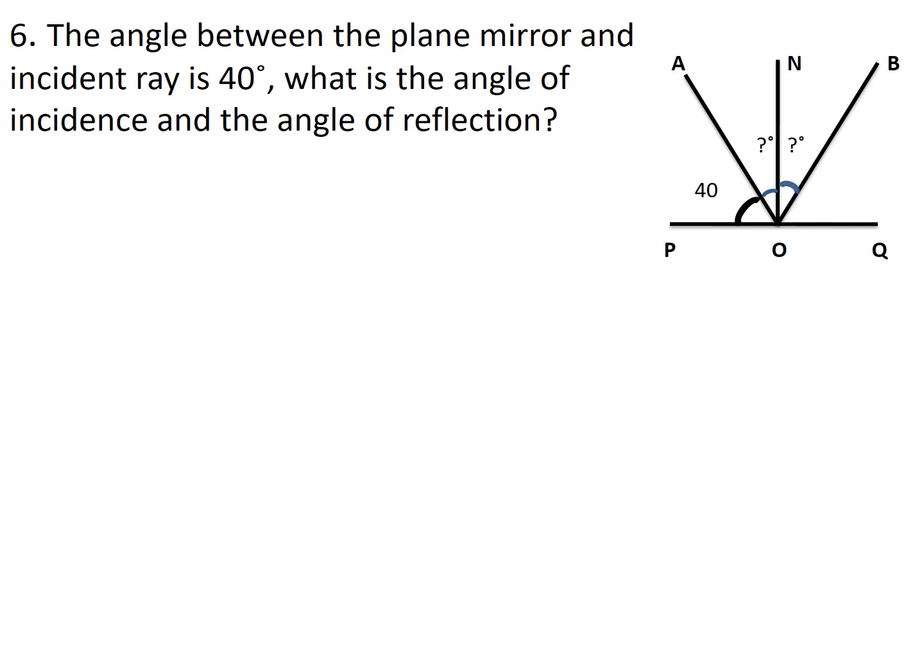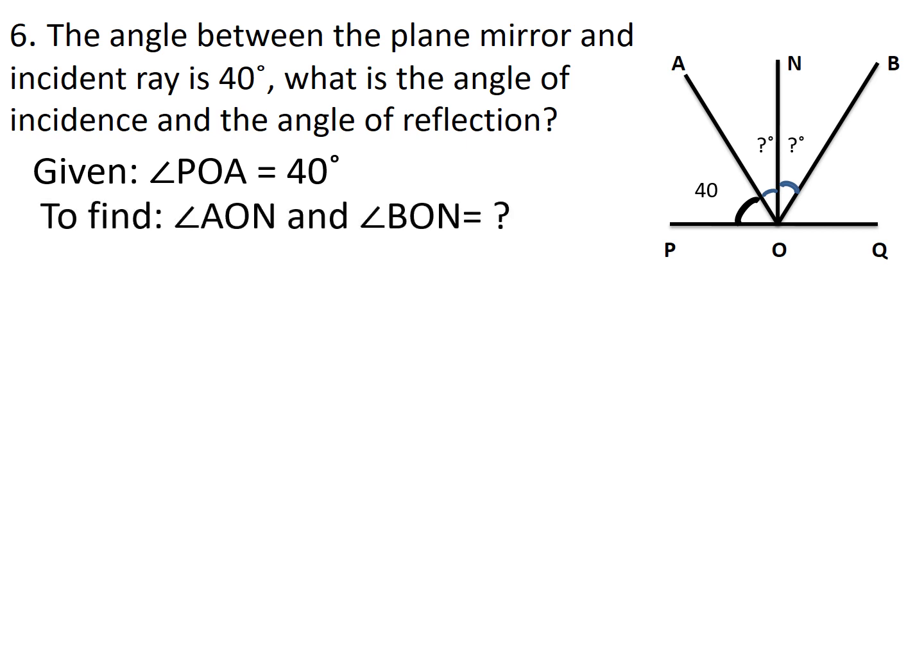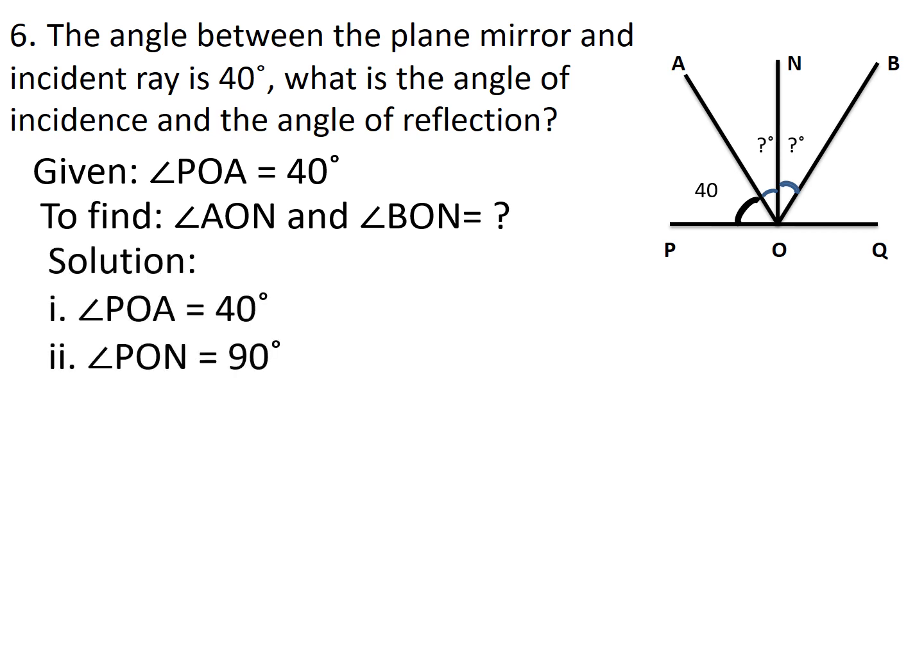Similar thing we did before. Okay, so we'll write what is given. Given is POA is 40 degrees. What are we supposed to find? AON and BON, that is, angle of incidence and angle of reflection. What is my solution? POA is 40 degrees.